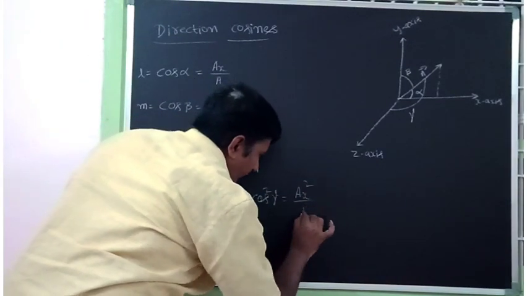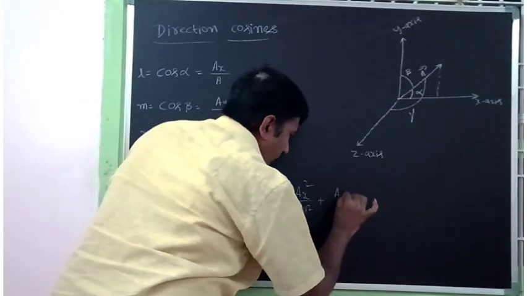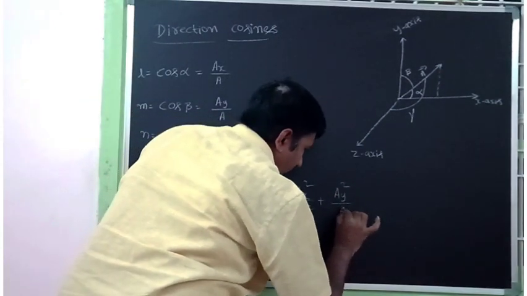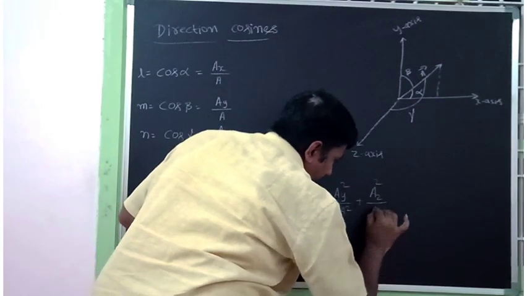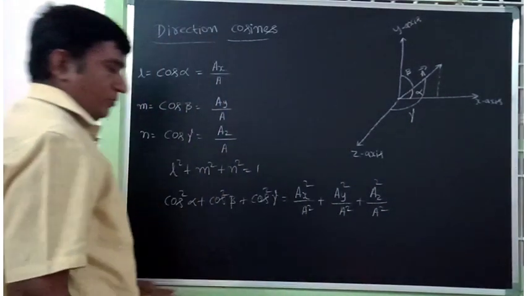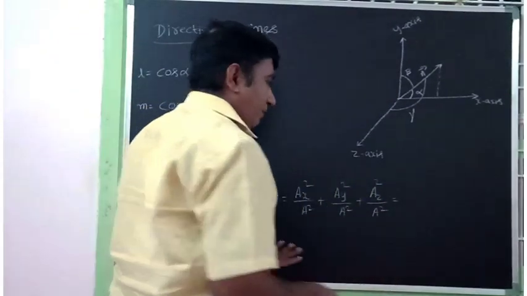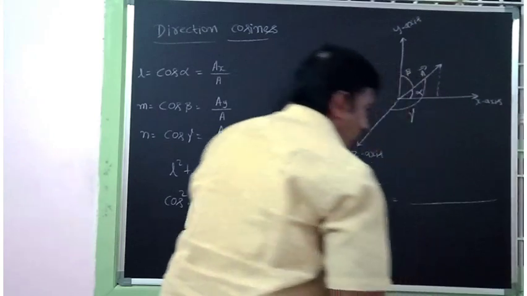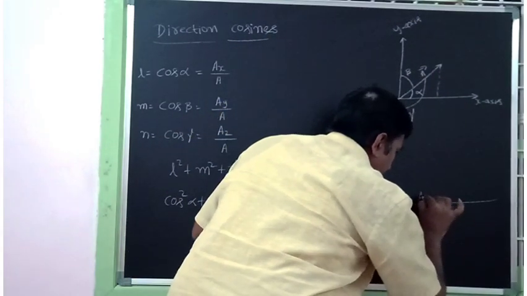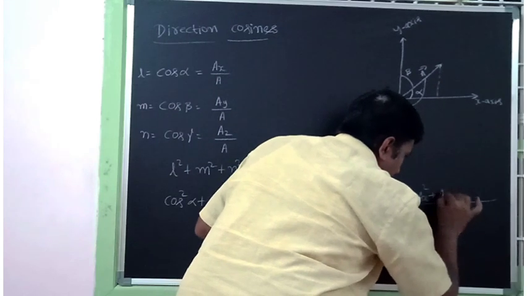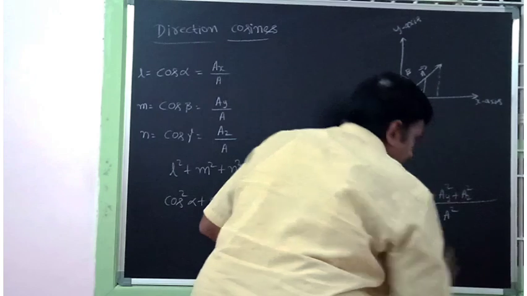So ax square by a square plus ay square by a square plus az square by a square. The denominator is the same, which is a square. So we get ax square plus ay square plus az square.